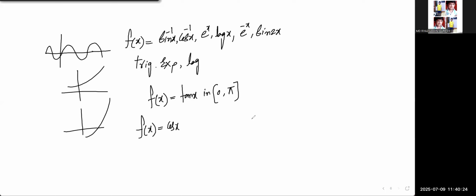Now for discontinuity let me tell you a special case. f of x is equal to 1 by x square in the interval minus 1 comma plus 1. The curve of 1 by x square is continuous. If you find the derivative, you get minus 2 by x cube.